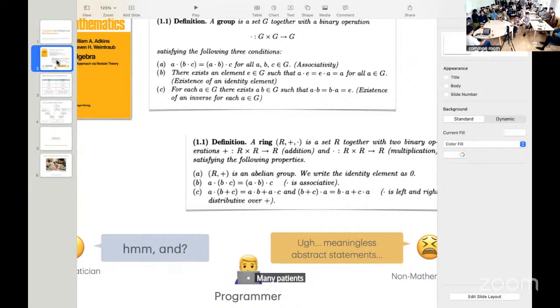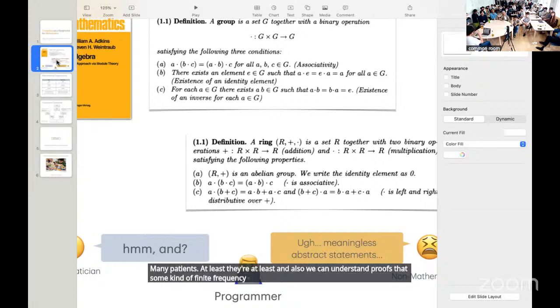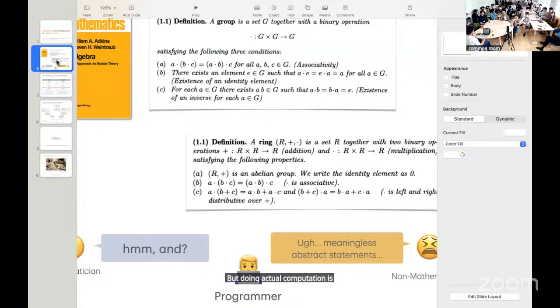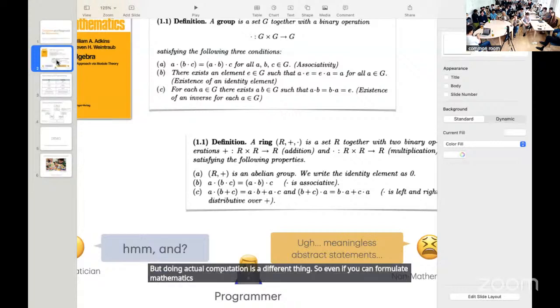Also, we can understand proofs as some kind of finite sequence of modifying these propositions and those symbols. So in that sense, all mathematics should be able to be based on that. You could design it. But doing actual computation is a different thing. Even if you can formulate mathematics, it doesn't mean that you can compute everything.